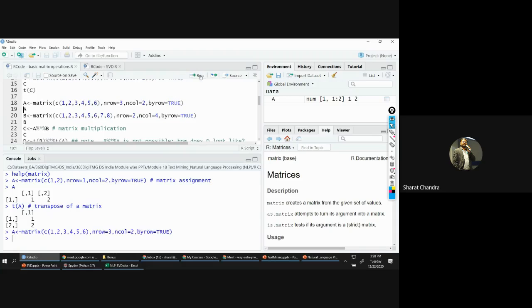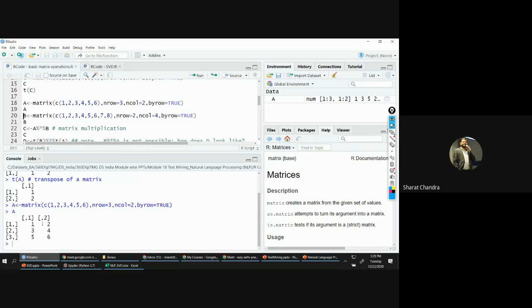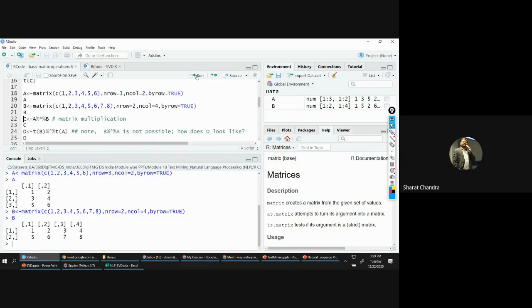And this is matrix multiplication. So I have a 3 by 2 matrix, and then a matrix B, I'm creating it as a 2 by 4 matrix. So this is 3 by 2, whereas this is 2 by 4. For matrix multiplication, we use the symbol percent star percent.